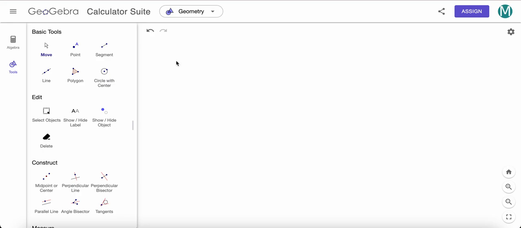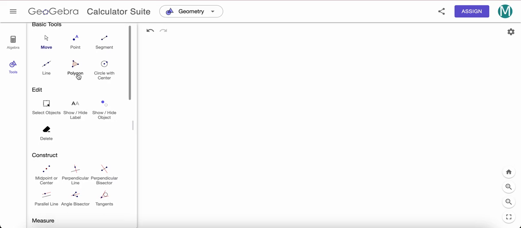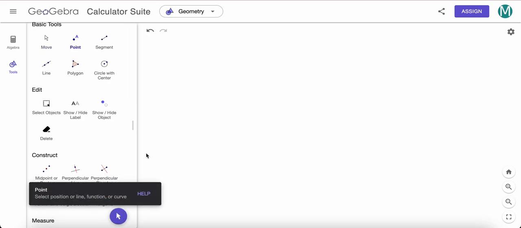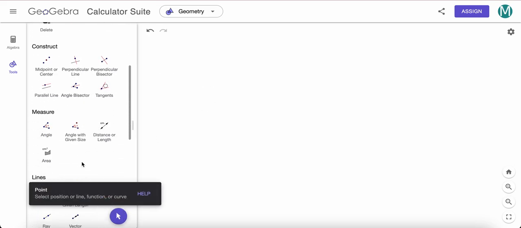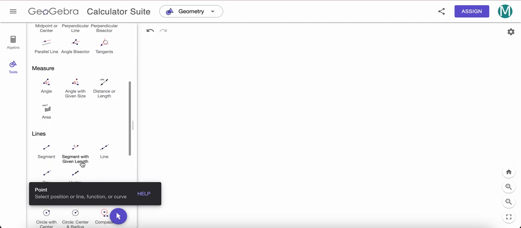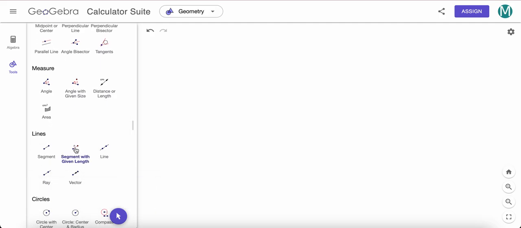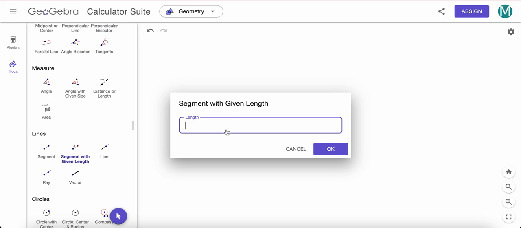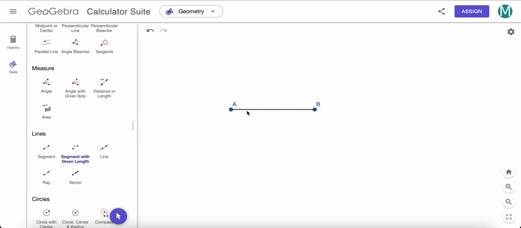But first of all, we have to construct a triangle. So I first try to construct a segment with a given length, which is the first one, 11.1. Okay, I'm gonna change the name later.